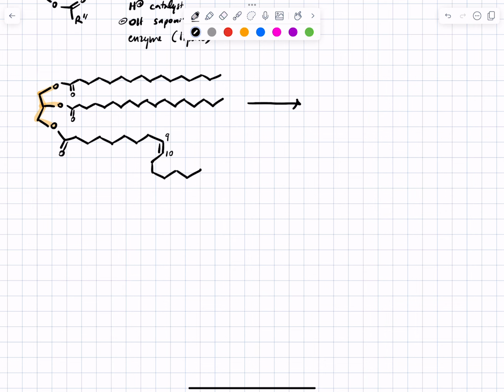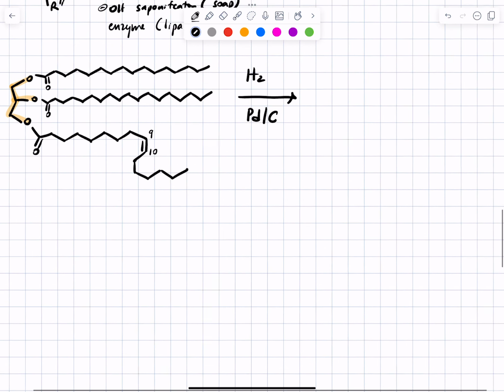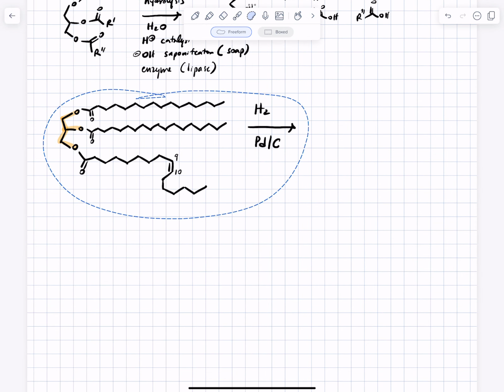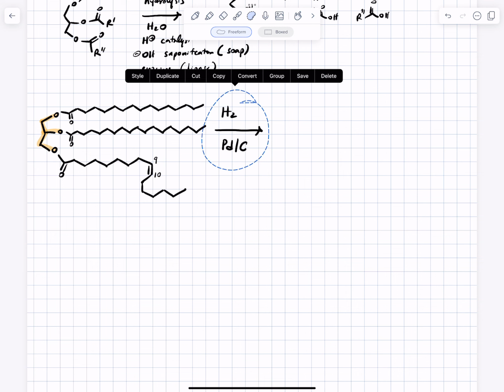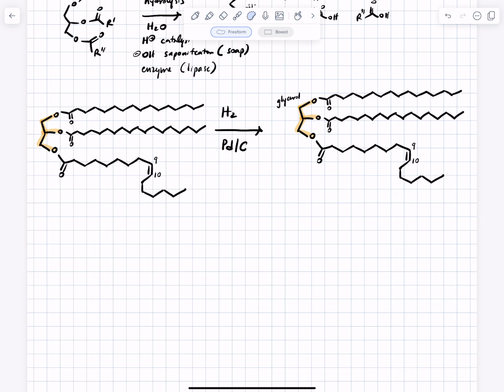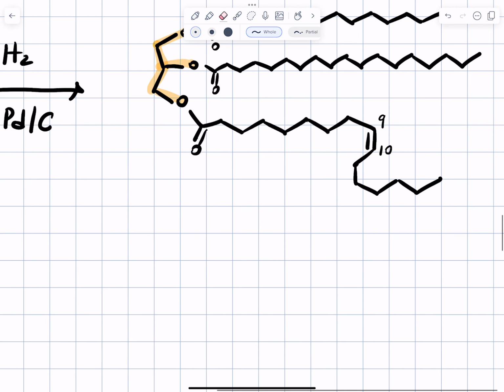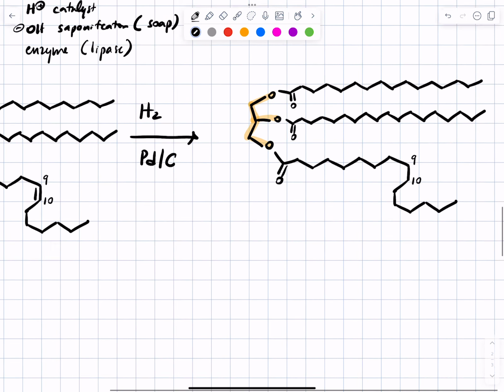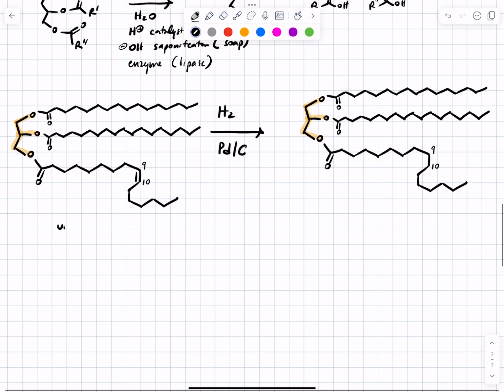You can use hydrogenation using hydrogen and palladium on carbon, and that will add hydrogen across the double bond of the triacylglycerol to convert what used to be an unsaturated fatty acid into a saturated fatty acid. And this reaction is called hydrogenation.